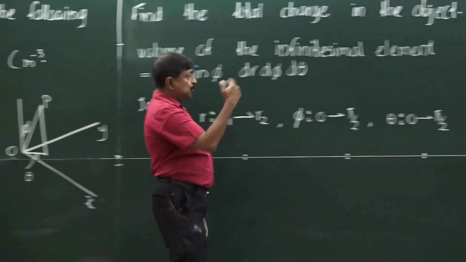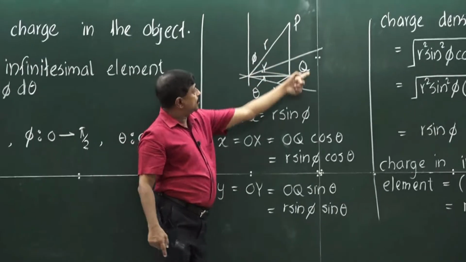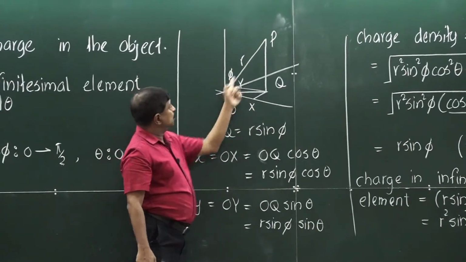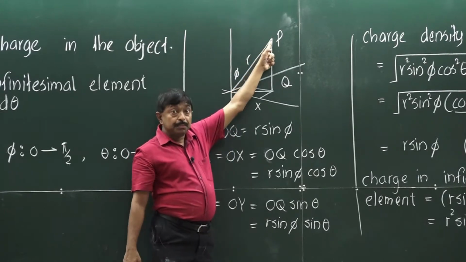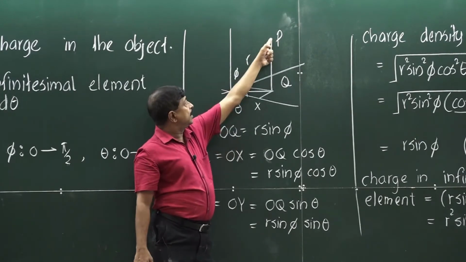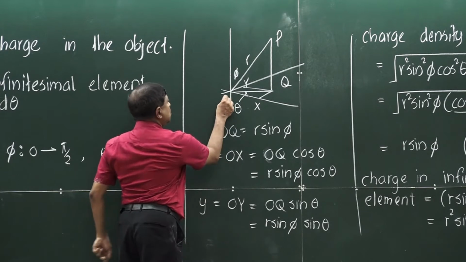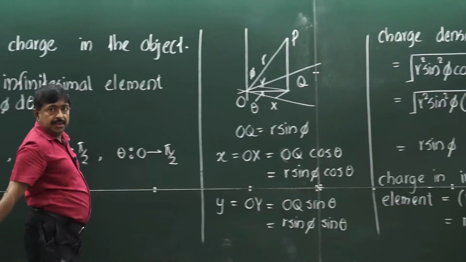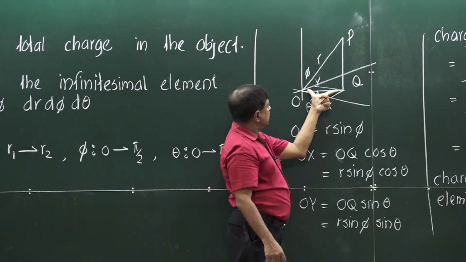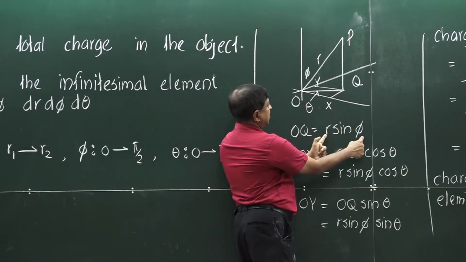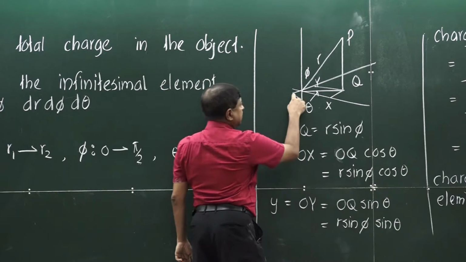Again, we will go back to the previous definition. Now, if you take any point P here, the line segment connecting the origin O and P has a length of r. Now, when you project it, you get r sin phi. So, that is OQ.